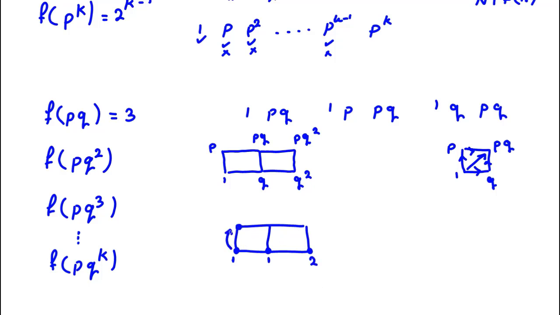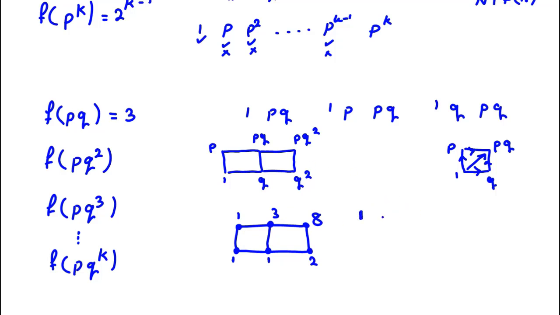If I reach here, in the previous step I was here, 1. If I reach here, in the previous step I was here, here, here, 1 plus 1 plus 1, 3. If I was here, it's 2 plus 1, 3. 3 plus 1, 4. 4 plus 1, 5. 5 plus 3, 8. Okay, so let's check to see if the answer is 8 or not, for PQ squared.